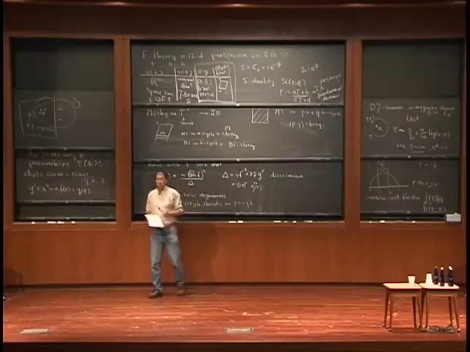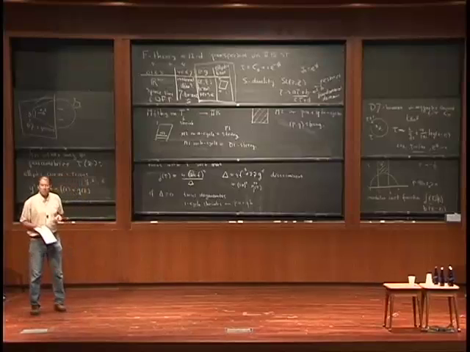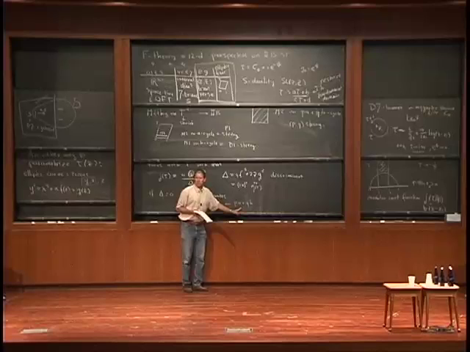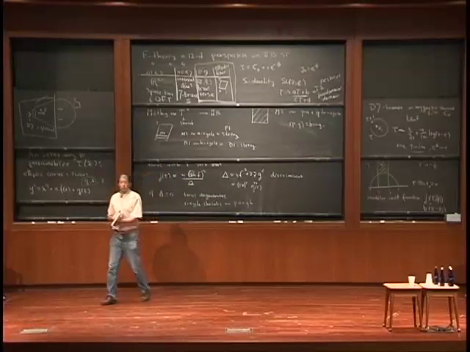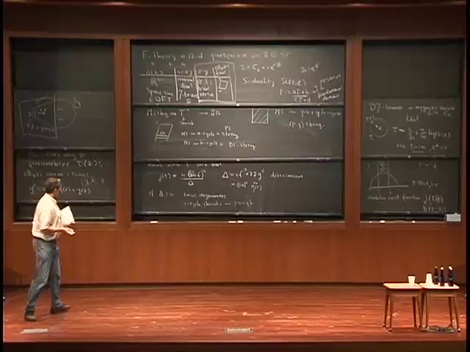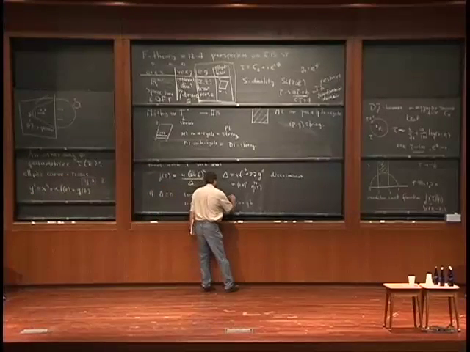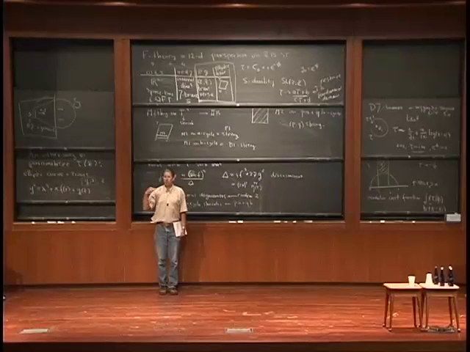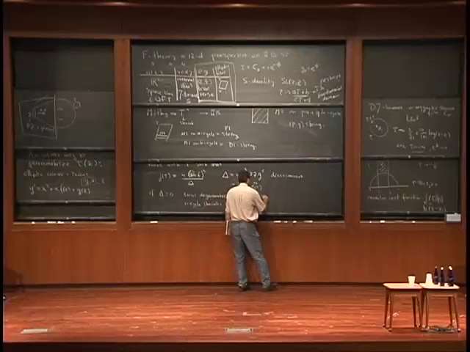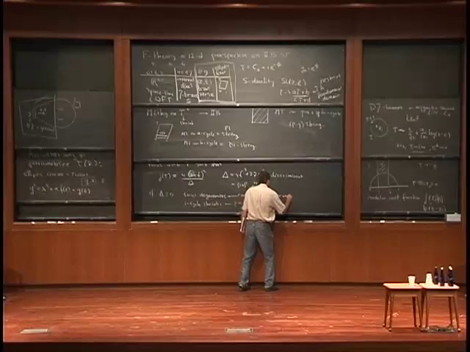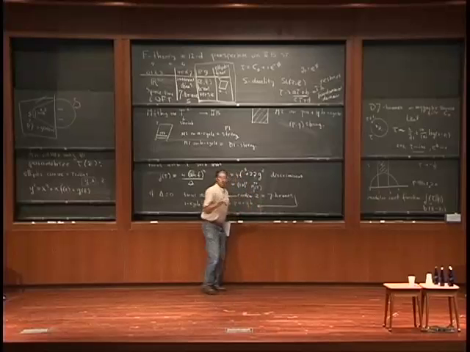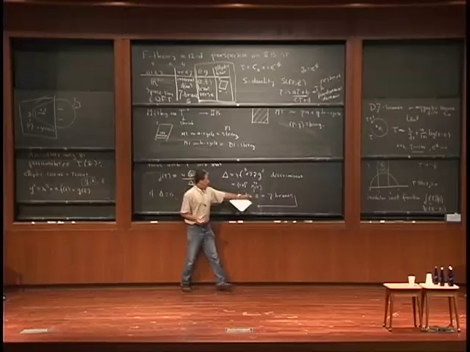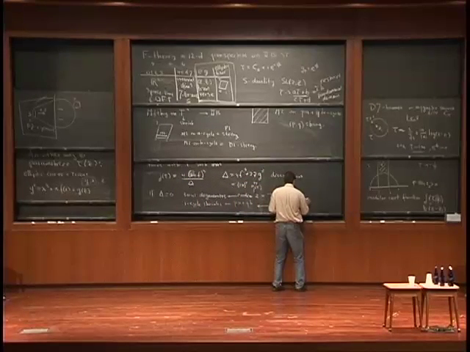The P, Q strings would be the objects that become light at a location where this particular cycle shrinks. And we could call that a P, Q 7-brane. These will again be codimension 2, so they will be points on this z-plane. These we can call 7-branes. And in some terminology, you could say which 7-brane. If that particular cycle degenerates, then the corresponding 7-brane would be a P, Q 7-brane.